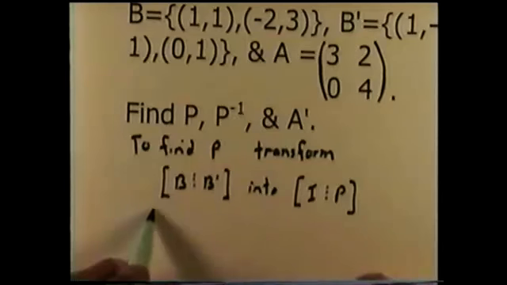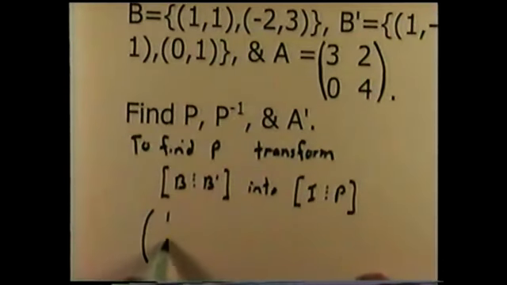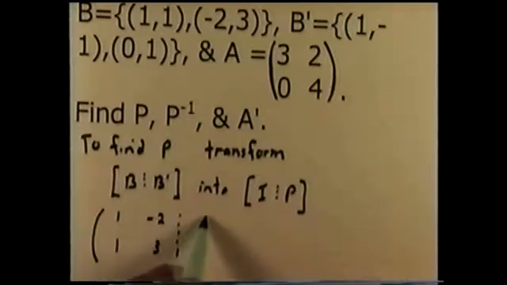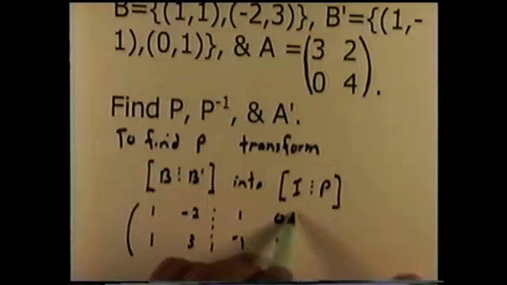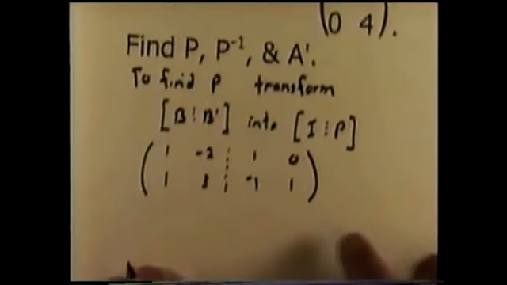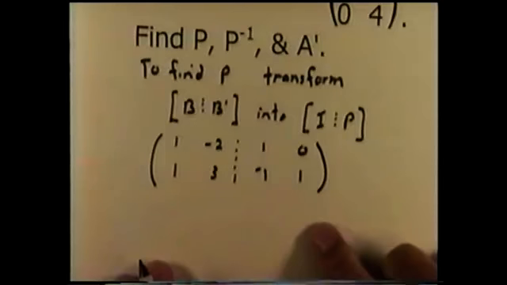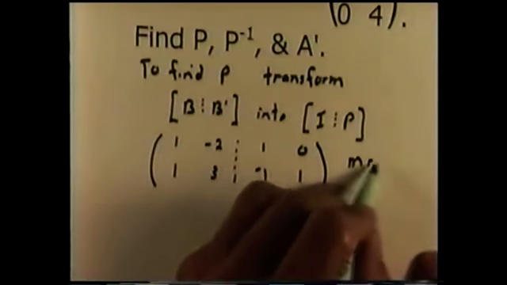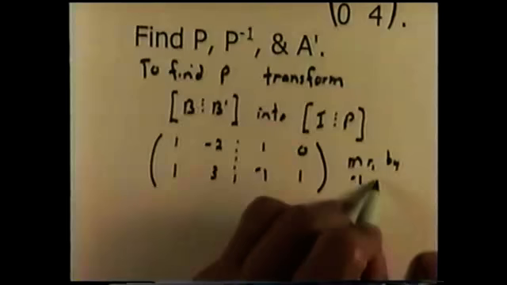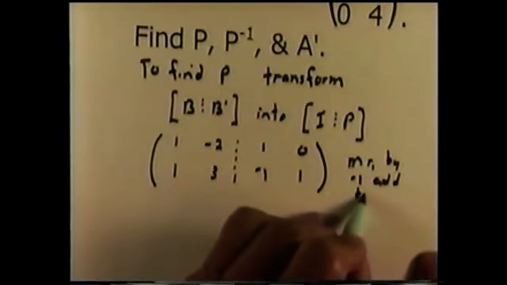Well, B is going to be 1, 1, negative 2, 3. B prime is 1, negative 1, 0, 1. Well, I can use my row operations, so I need to multiply row 1 by negative 1, add to row 2.